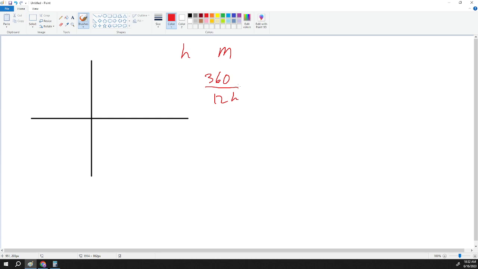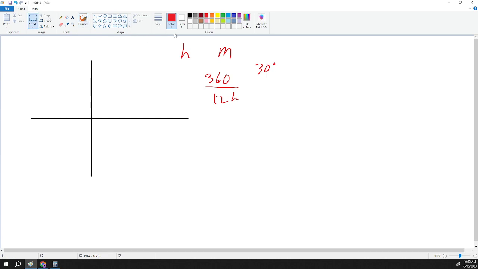Close. Tama, 30. There are 30 for every hour. There's a 30 degree. But the question is, we have minutes pa. So give me an equation where given the hours and minutes, it will give the angle of the hour hand.